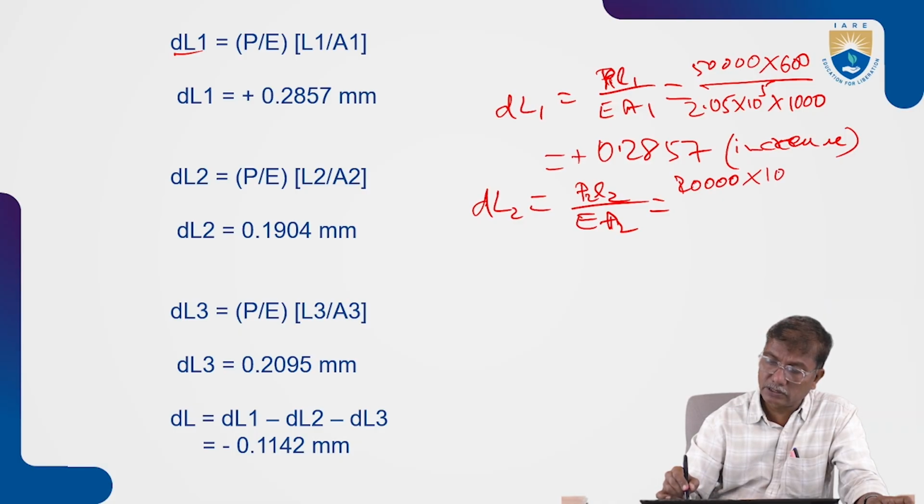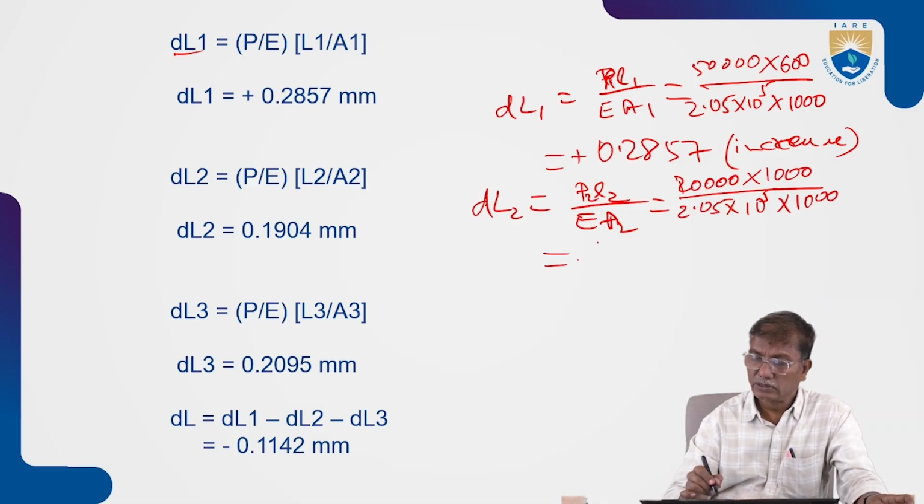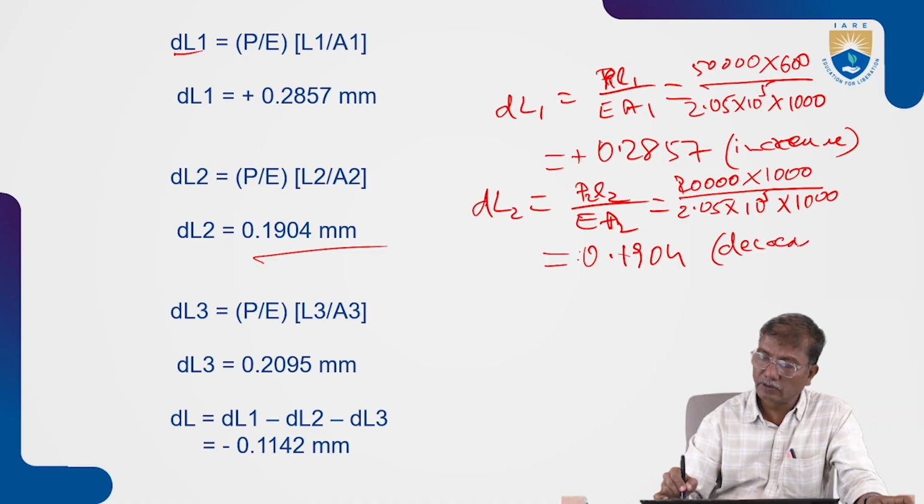And L2 is 1000. E is same, material is same. So A is same, constant. So this gives actually 0.1904. This is decrease in length. So while adding, you have to take negative sign for this and positive sign for this.